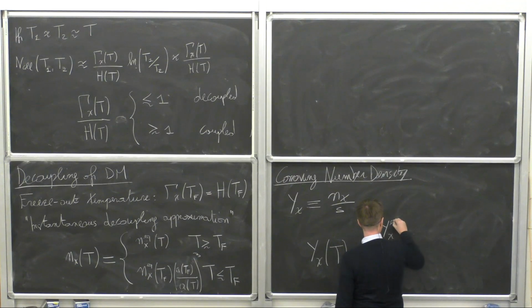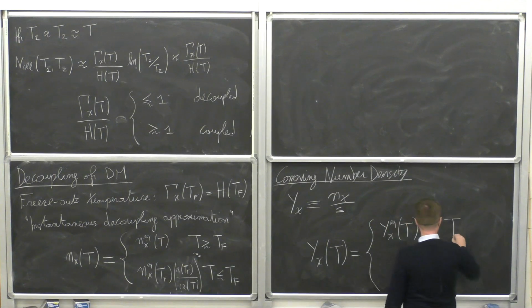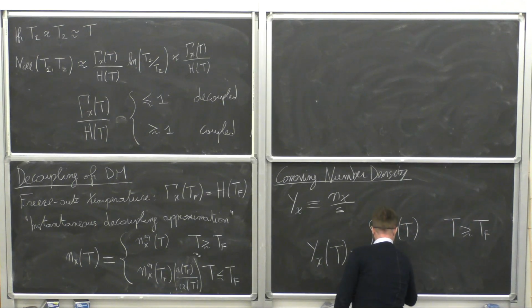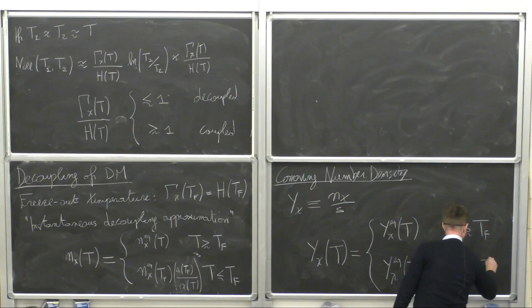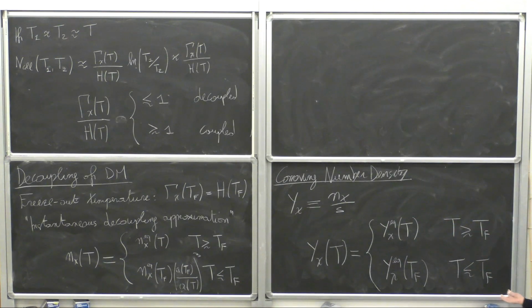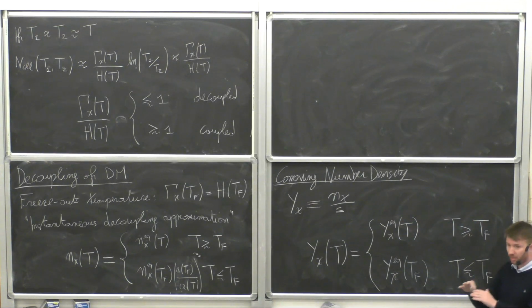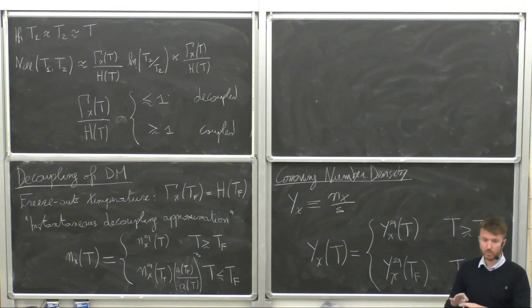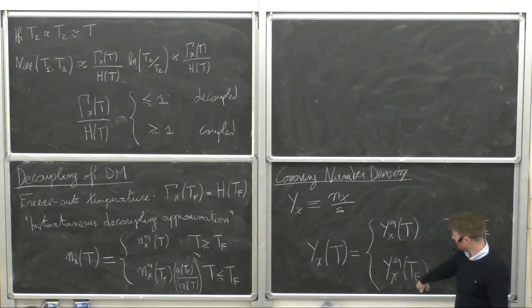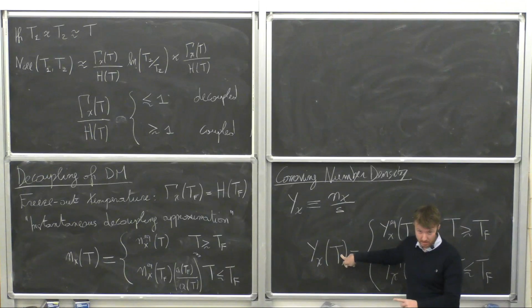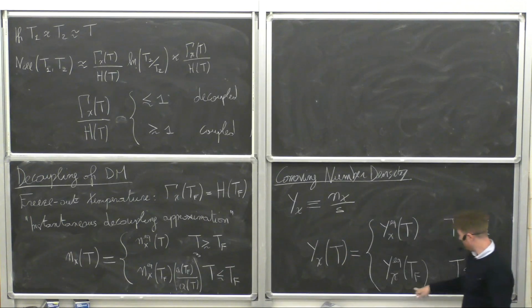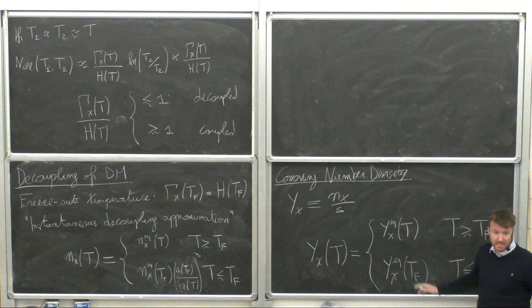I have Y_chi(T) for T greater than T_F, and then I do really have Y_chi(T_F), so you see, much simpler. And the reason why I like this variable is because as soon as I got to freeze out, I can stop worrying about anything. In particular, the Y_chi today, when I put here the current temperature, this is equal to the freeze out value, because nothing else happened.